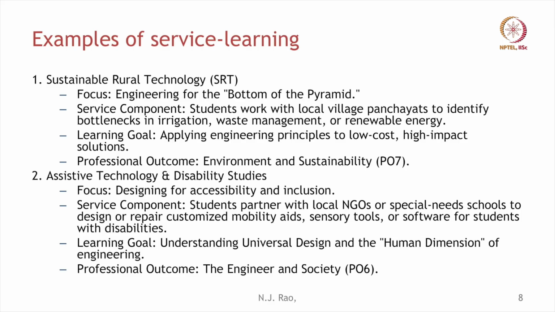Can we design it in such a way that people who are blind, hard of hearing, or have walking disabilities can navigate the building? The professional outcome is engineer and society, that is PO6.